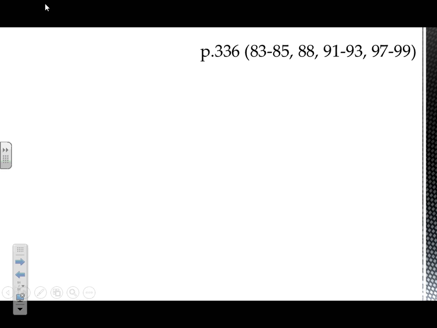That's it. Now, the fact that this was a short lesson does not mean that it's not an important one. You guys do need to understand how to use this rule correctly. So with the remaining time, you need to be working on the following problems on page 336. If you also want to work on page 333 and get that finished, that's fine. But I don't want to see phones. I don't want to see other homework.